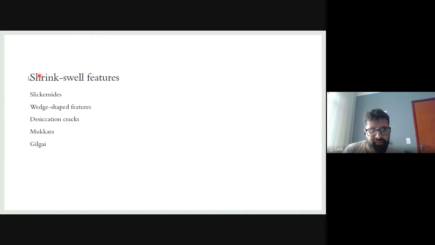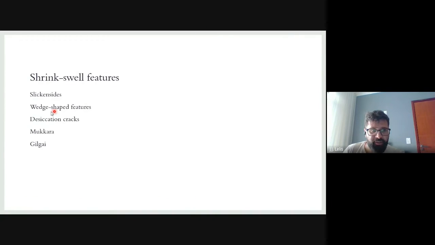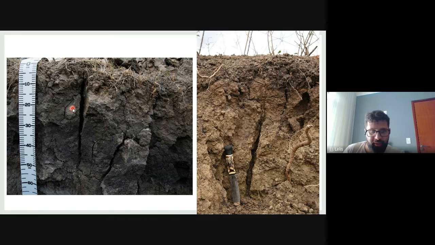The first shrink and swell features that we can see are cracks and the formation of wedge-shaped fissures, like this one. We can very easily see a wedge shape here.